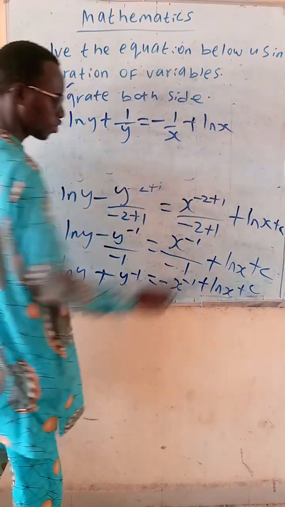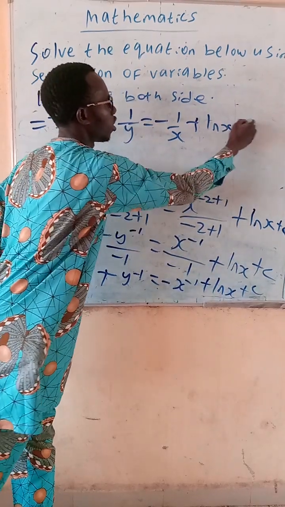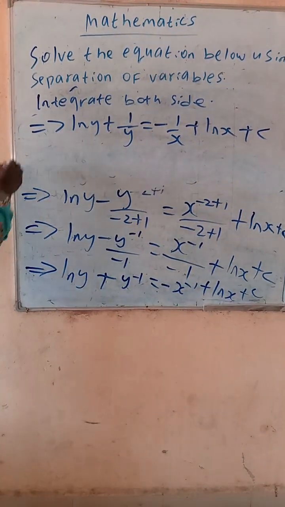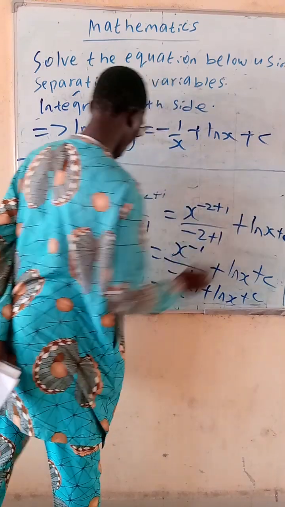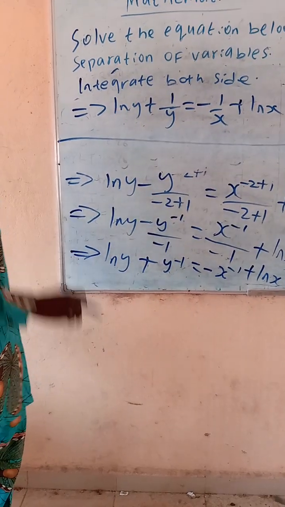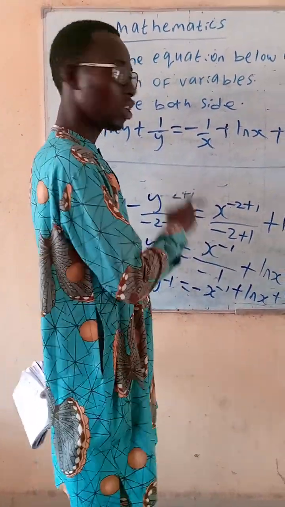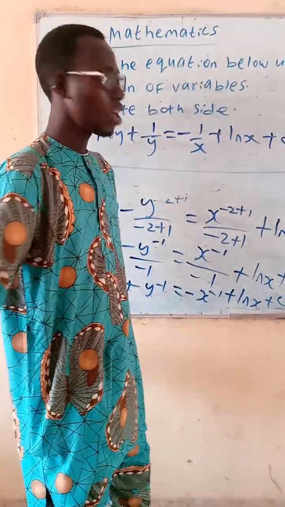Plus ln x, plus our constant. So we have finally come to the end of what we are solving. This is the solution to this problem.